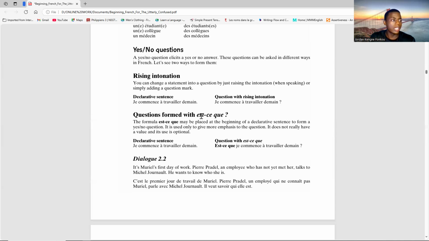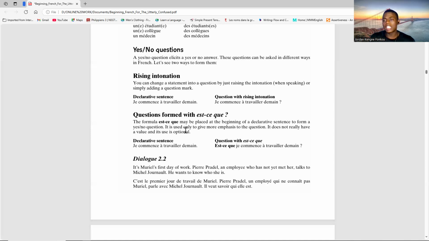Questions formed with est-ce que. The formula est-ce que may be placed at the beginning of a declarative sentence to form a yes or no question. It is used only to give more emphasis to the question. It does not really have a value, and it's optional. What that means is est-ce que does not really have a value in English, but in French it's used purposely for asking questions.